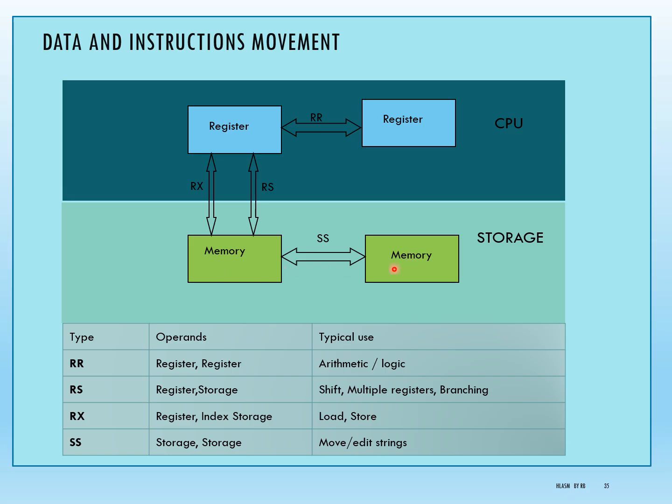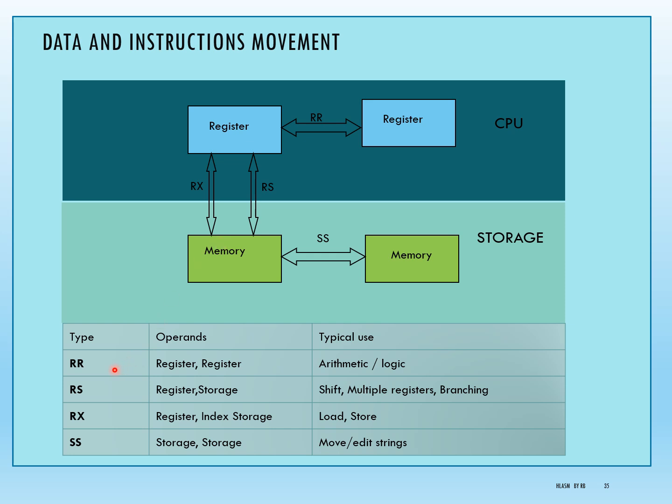There's no arithmetic or logical calculation here, so there's no reason for it to come all the way to the ALU. It is just a byte-to-byte copy. So the data is moving from memory to memory, and this is happening within the storage. So data moves within the CPU, within the storage, and between the CPU and the storage in both ways.